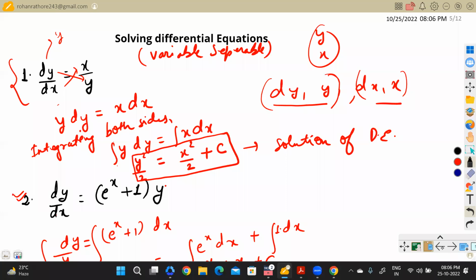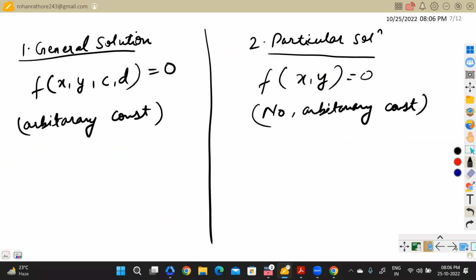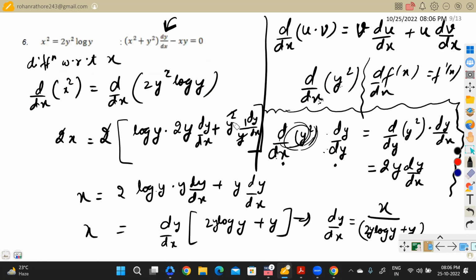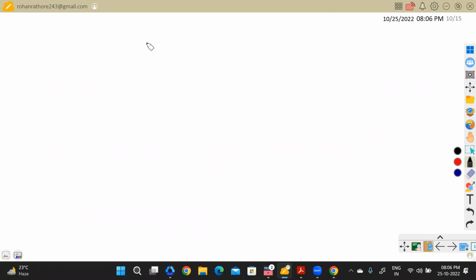Yes, I have this one doubt. When I'm solving a differential equation, how do I know if I'm looking for a general solution or a particular solution? Yes, so if you're seeing a differential equation, let's say dy over dx plus y equals x, first of all, it will be given which solution they are asking for, whether they want you to determine the general solution or the particular solution.